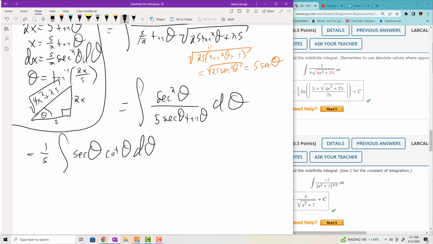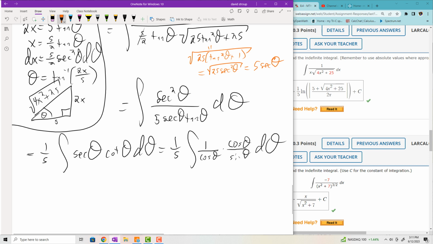And then let's rewrite everything in terms of sines and cosines again. So secant is the same as 1... well, wait, that's not going to be one of our nice little identities. Okay, so let's just write everything in sines and cosines. So secant is 1 all over cosine, and then cotan is cosine over sine. Oh yeah, and there's a nice cancellation there that you wouldn't see otherwise, right?